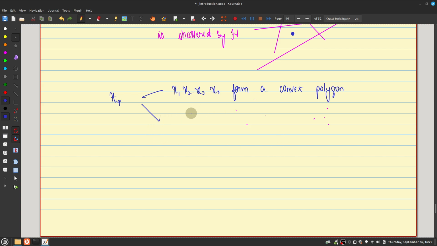And in the other case, they do not form a convex polygon.